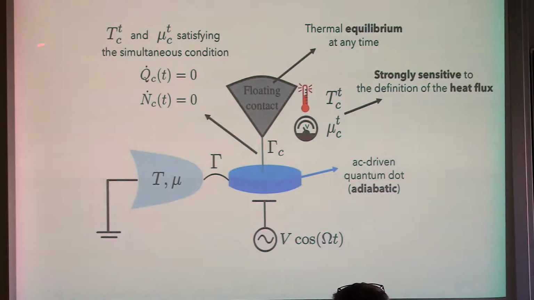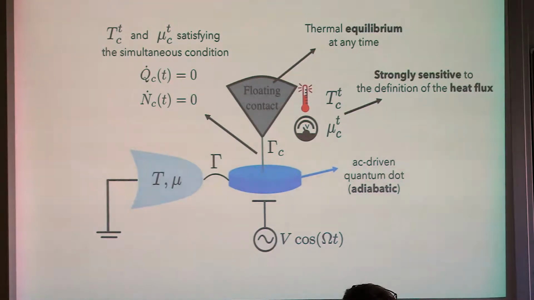So at every instant of time, we have this temperature and this chemical potential satisfying the simultaneous condition of vanishing heat current, this is the heat flowing in this contact, and vanishing charge current. And this assumption is reasonable if the driving is very slow. So the floating contact has enough time to adjust to this variation.